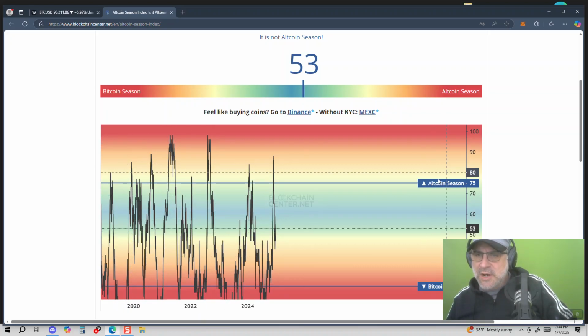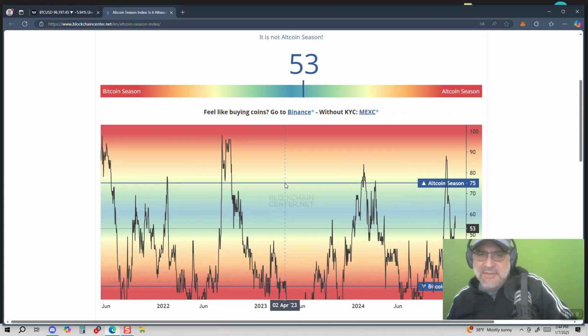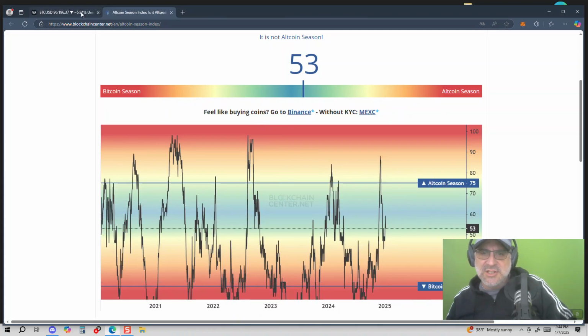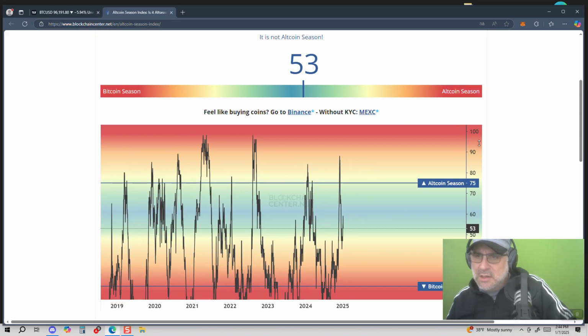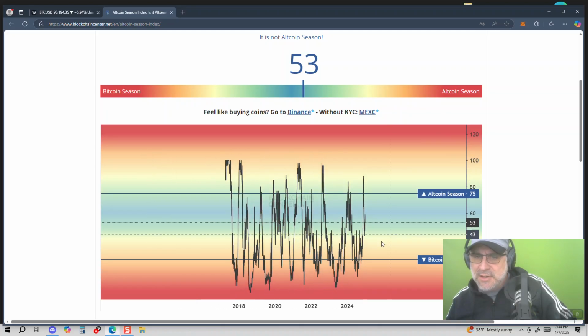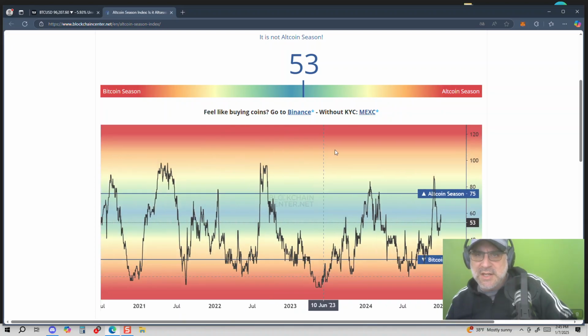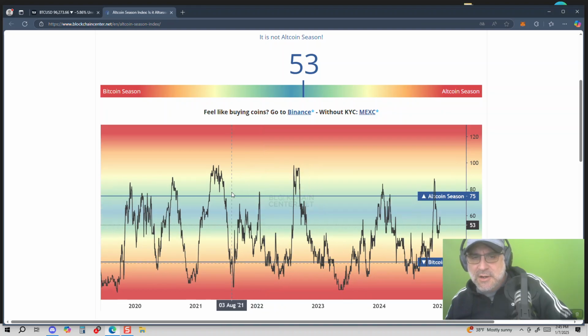All these areas where it just shoots up, these spikes past the 75 line, are areas where Bitcoin has been down and bottoming out in the dregs. After Bitcoin bottoms out, it spikes up in the opposite direction. It goes back and forth, in effect creating double bottoms on this altcoin index season chart.